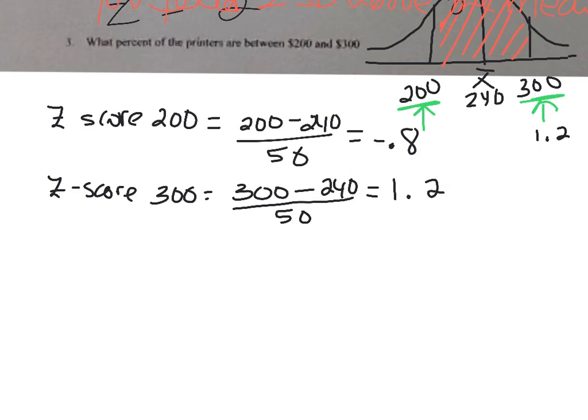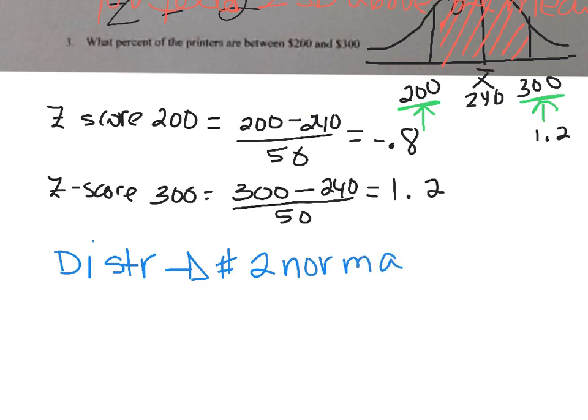So put me on pause and take a look for that. Okay, so press second and then VARS, that's the distribution button. And then you want number 2, which is normalcdf. So press that.